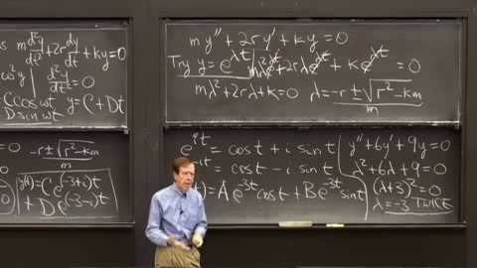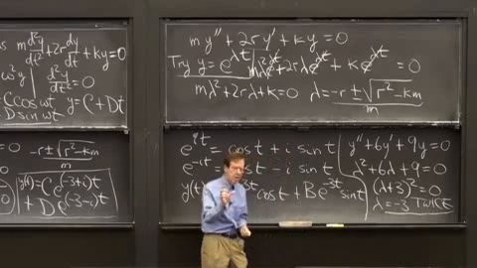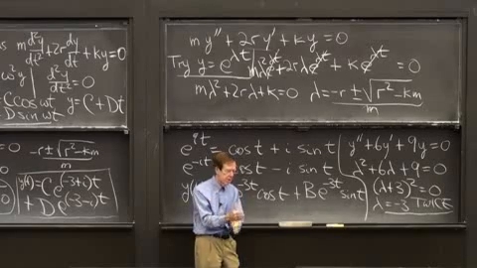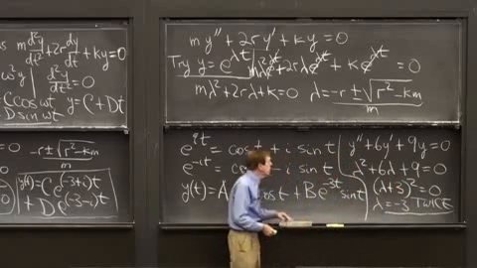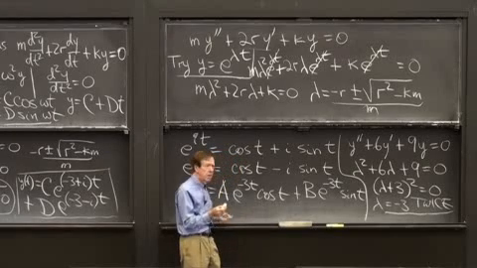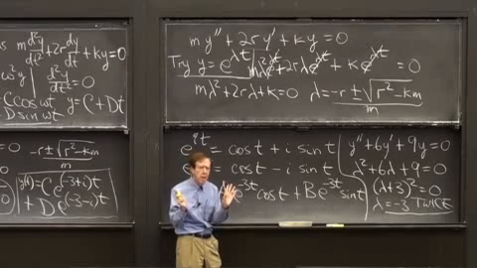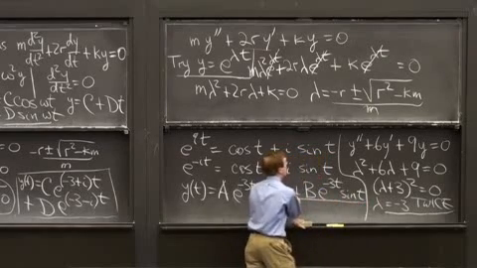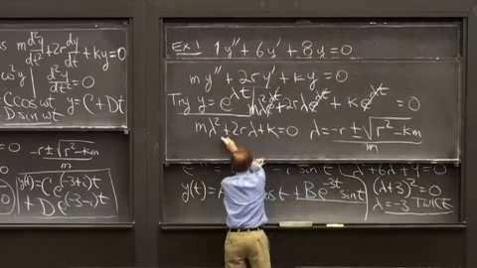I need a second solution, and it's typical of math that something special happens at this special situation of a double root, and the solutions will be e to the minus 3t and t e to the minus 3t. That's the last step, and maybe I just put it, well, where am I going to put it? I'll bring this down and just put it here.